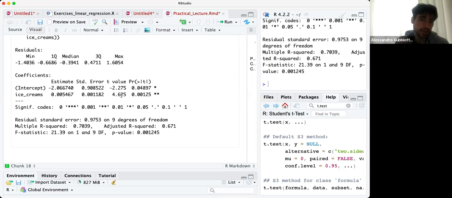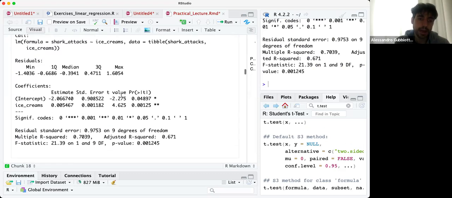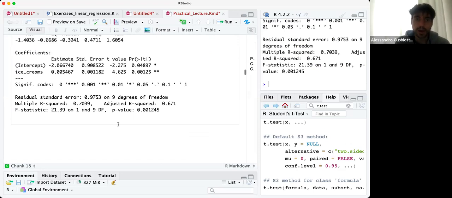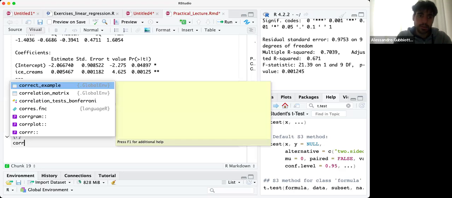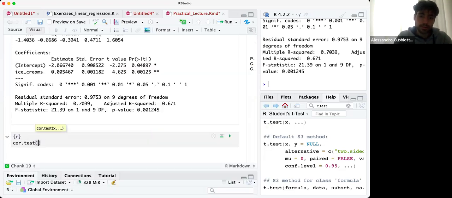This tells us only that the slope of the line that fits the data is significantly different from zero. And recall that this is the same as doing the correlation test, like cor.test, we did it 2 weeks ago.